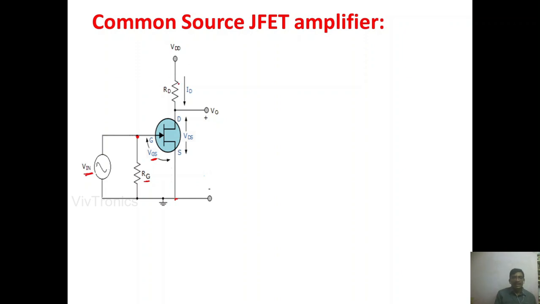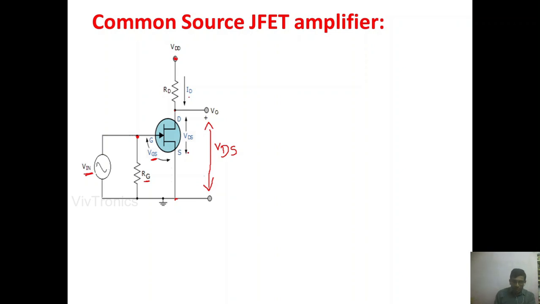There is a drain resistance RD connected between the VDD DC supply and the drain terminal of our JFET. ID is the drain current flowing in the RD resistor, and we take the output voltage across the drain and source terminals, the voltage between drain and source, VDS. So this is about the different components in the CS JFET amplifier.